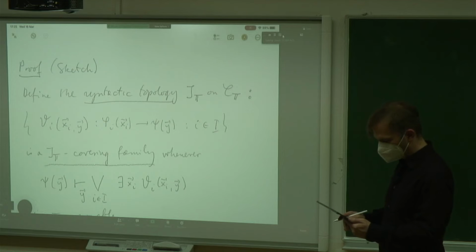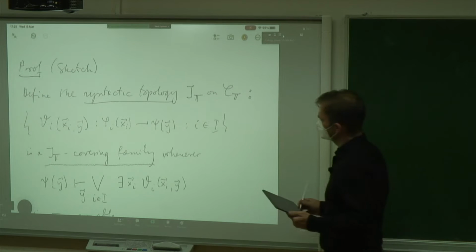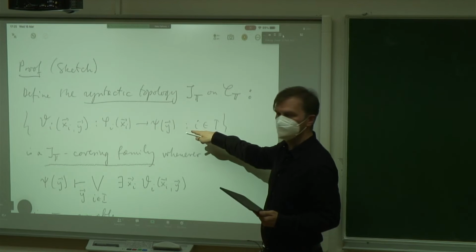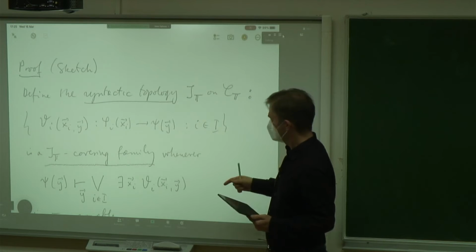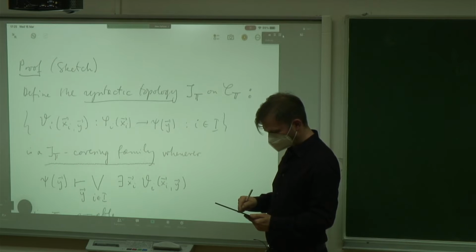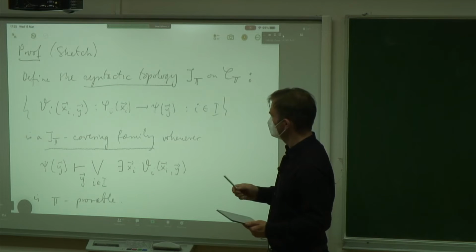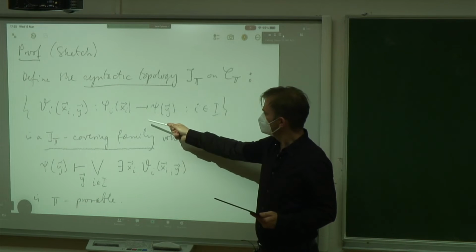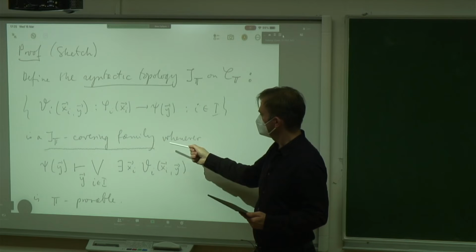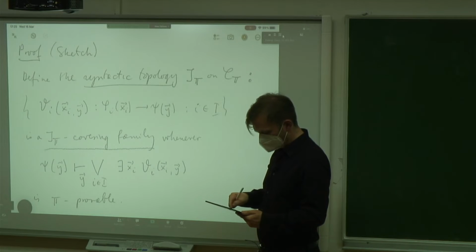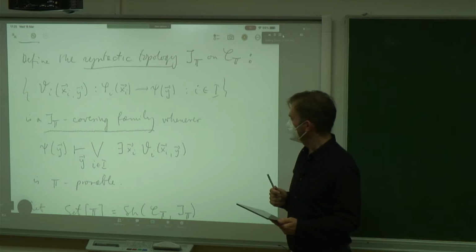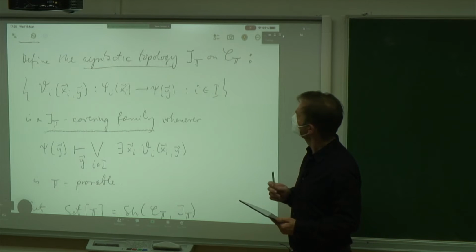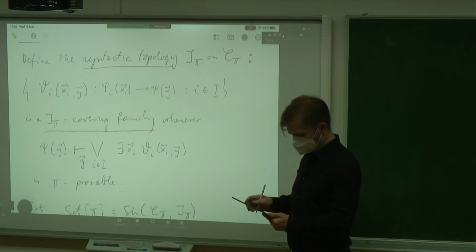And to define the coverage, we need to declare which of these families constitute a covering. We declare that such a family is a J_T covering whenever you have this sequent and it's T-provable.